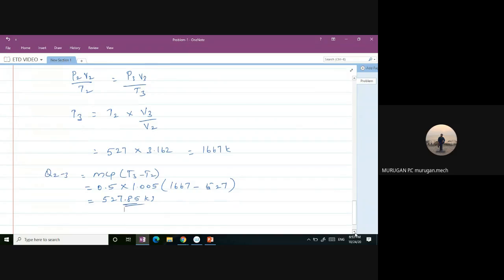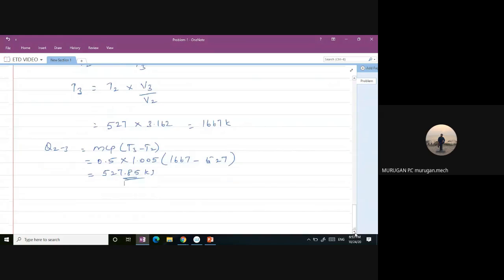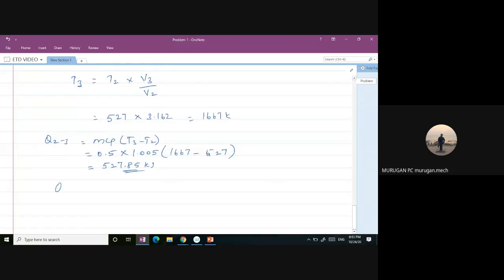That is given by P2V2 divided by T2 is equal to P3V3 divided by T3. So T3 can be written as T2 into V3 by V2, that is 527 into 3.162, which is 1667 Kelvin. The heat transfer for process 2 to 3 is given by mCp(T3 minus T2), that is 0.5 into 1.005 into (1667 minus 527), which is 527.85 kilojoule. The total heat transfer Q total is process 1 to 2 plus process 2 to 3. Here process 1 to 2 is 0, so the heat transfer for the total process is 527.85 kilojoule. So this is the final answer.